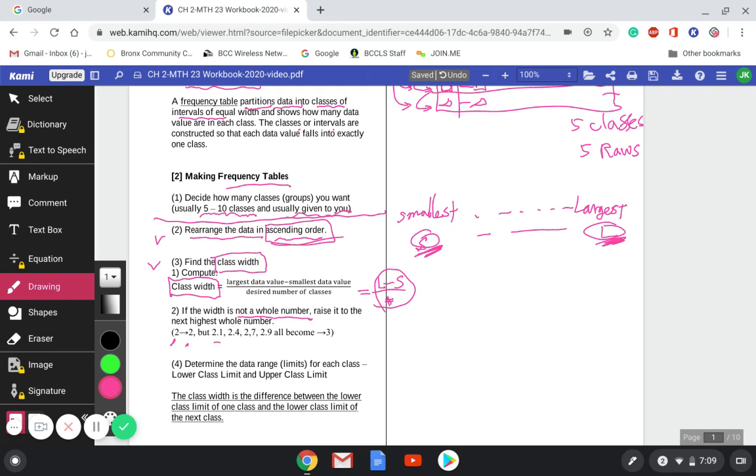But if you have decimal numbers like 2.1, 2.4, 2.7, 2.9, then the class width will always become the next highest whole number. What is the next highest whole number of 2.1, 2.4, 2.7, 2.9? 3. So we are not rounding off. We try to get the next highest whole integer. Okay?